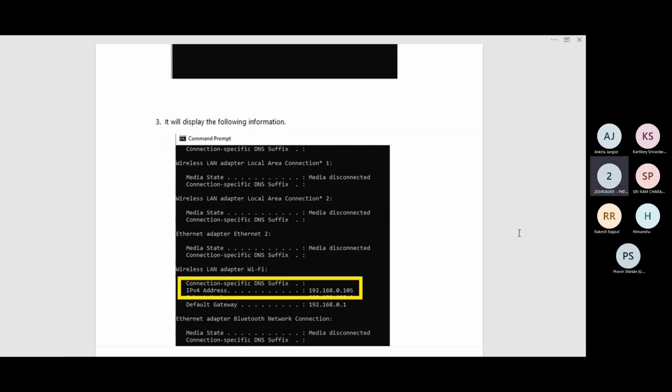Yes, sir. We got it, sir. Okay, so you are able to find the MAC address and IP address? Yes, sir.